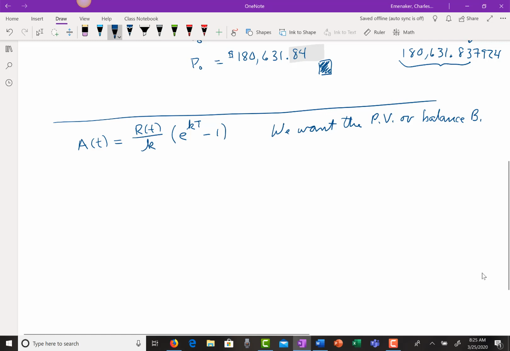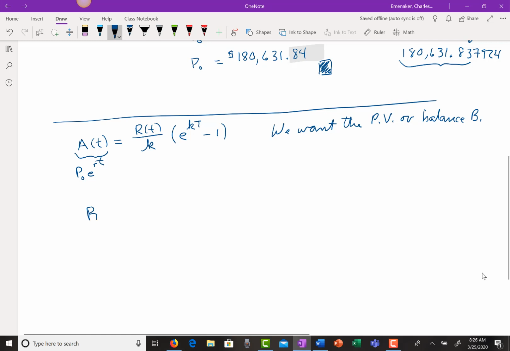Okay. So what we're going to do here is we're going to replace this, which is the future value, with P0 e to the RT. And recall, P0 is the initial balance.